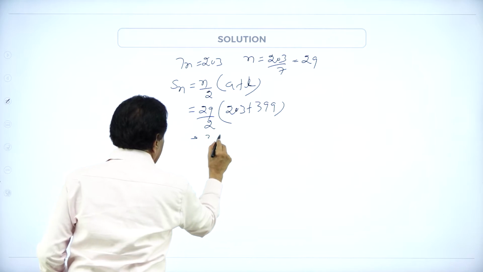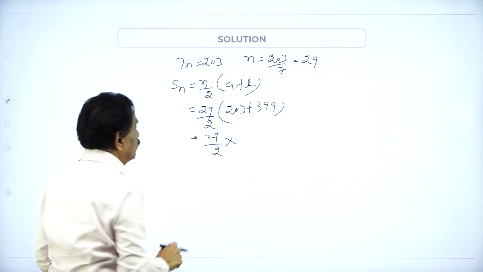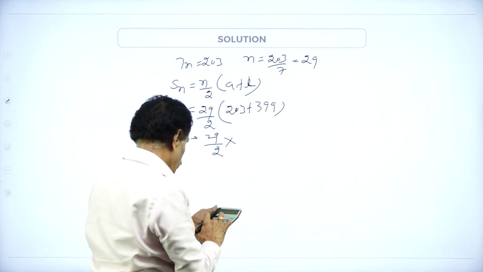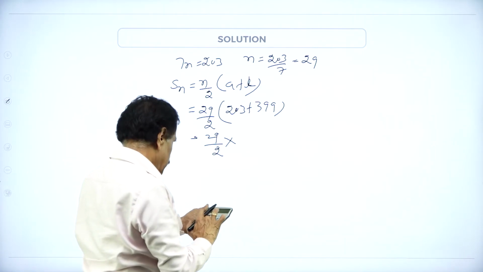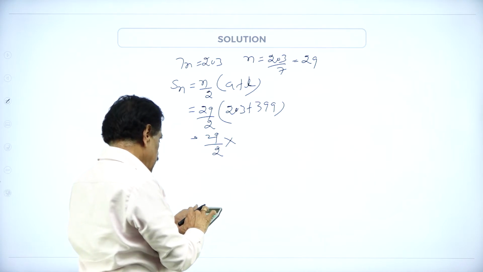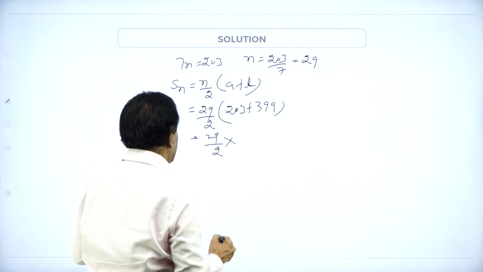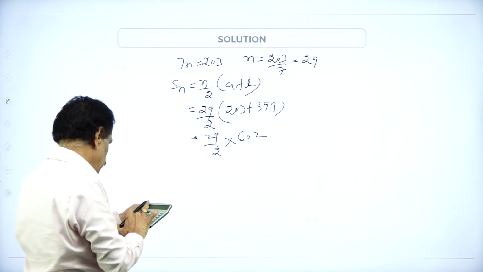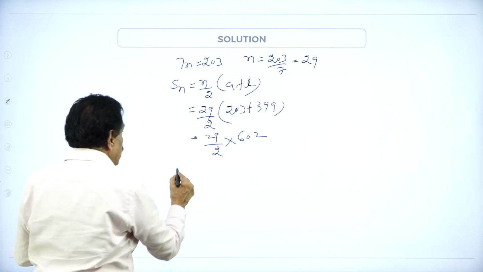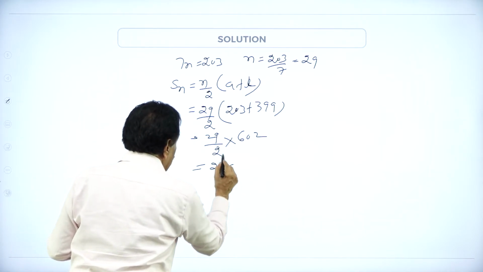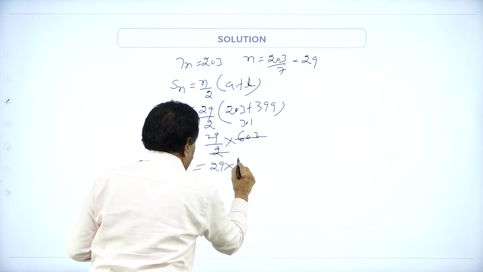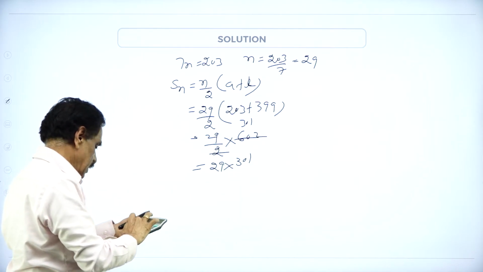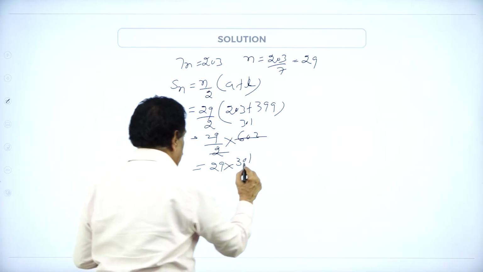So 29 divided by 2 into (203 plus 399), which is 602, divided by 2 is 301. 29 into 301 is 8729.